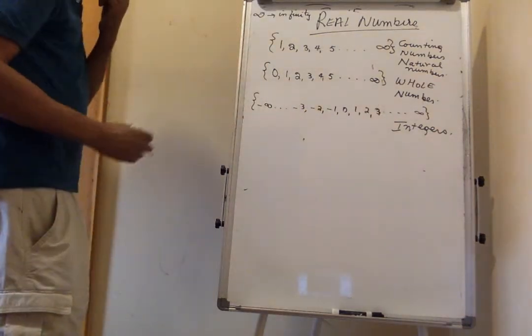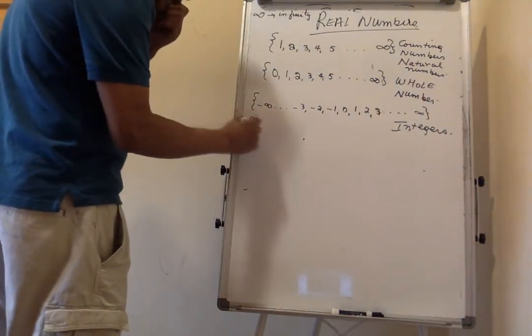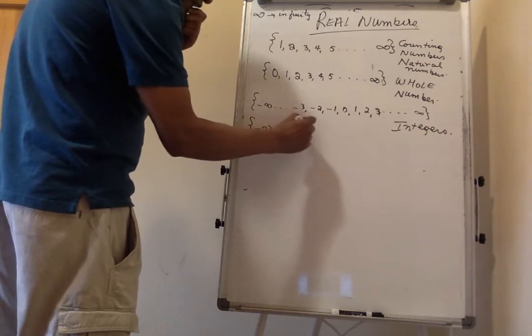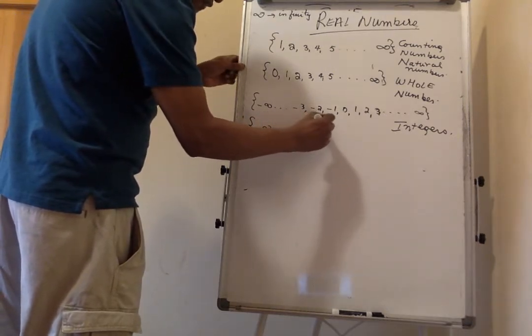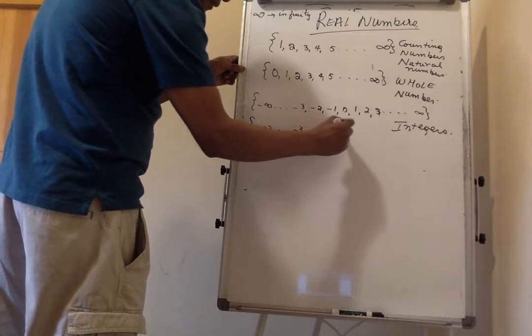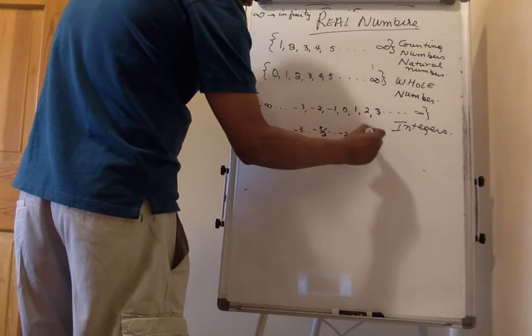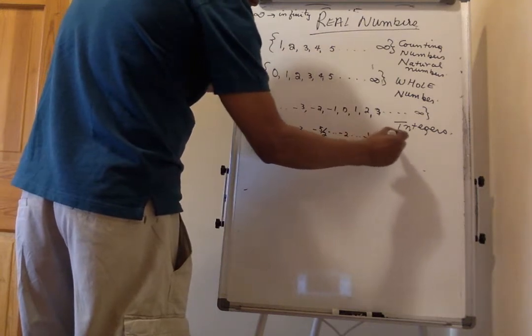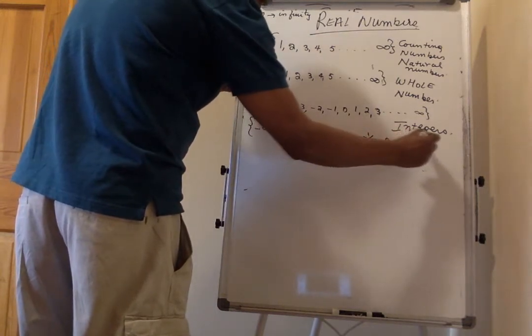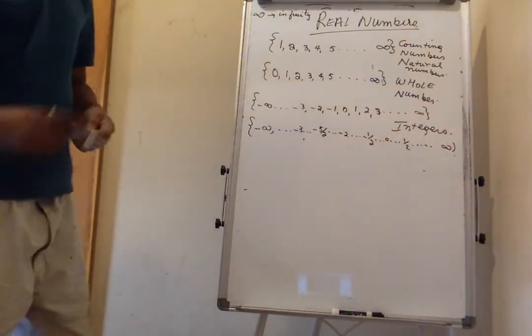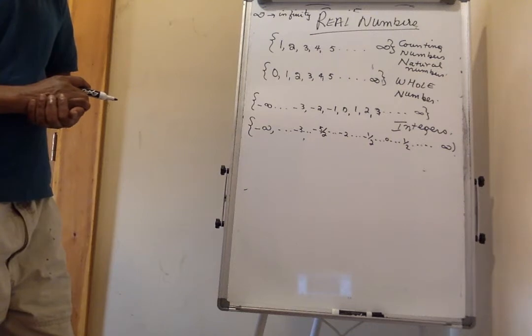Okay? Now I'm gonna expand more. -3, -5/2, -2, -half, 0, half, and it goes up to infinity. Look what I'm adding to the negative numbers, what I'm adding to the integers, meaning what?